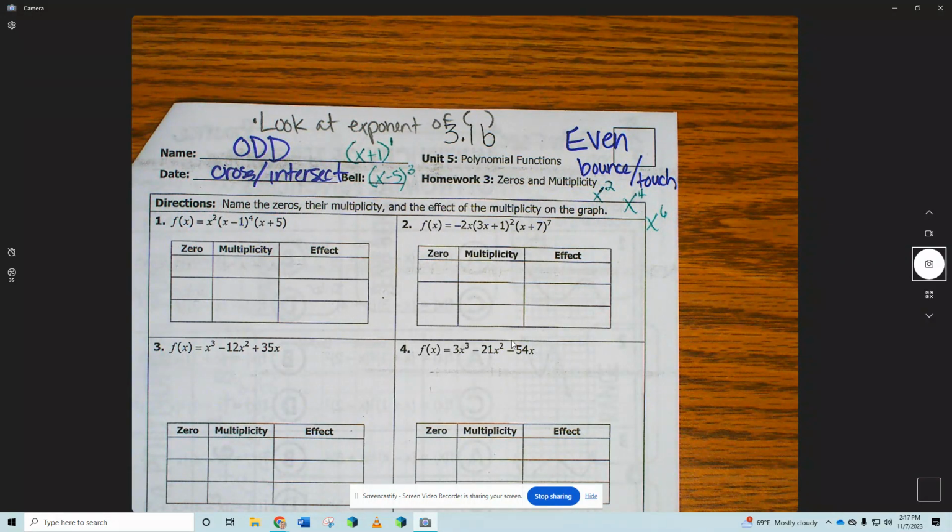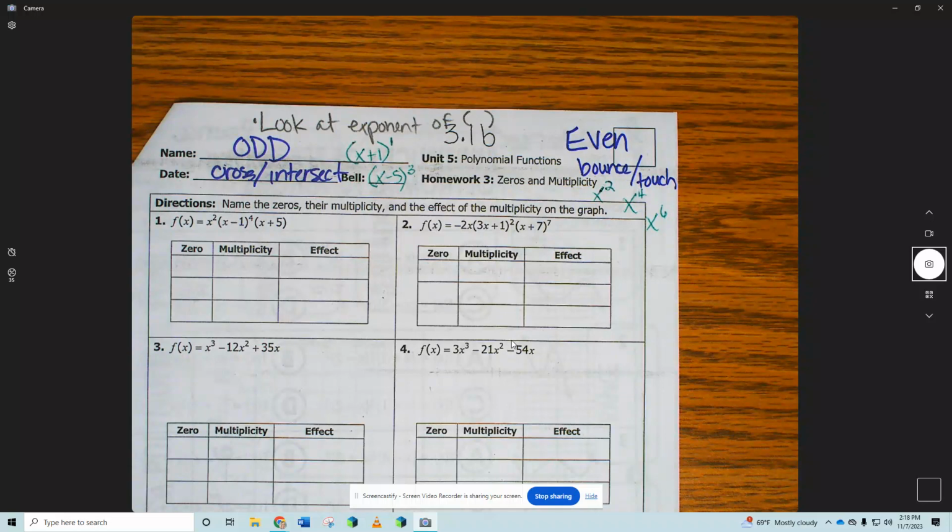It's going to bounce. What's this 4 going to do? Bounce. What's this? X plus 5. What's the exponent of x plus 5? 1. Is that going to cross or bounce? Cross, or you could say intersect, whatever.